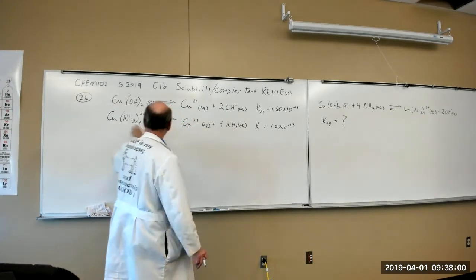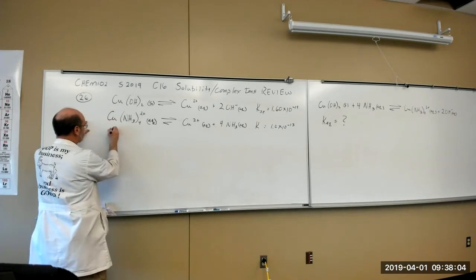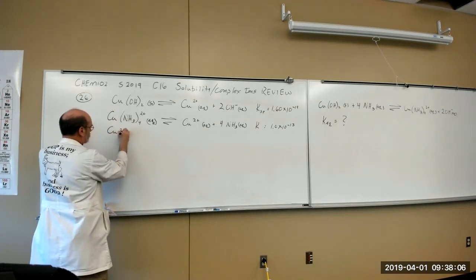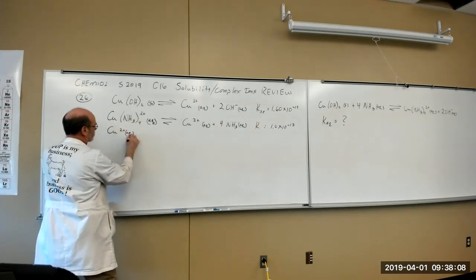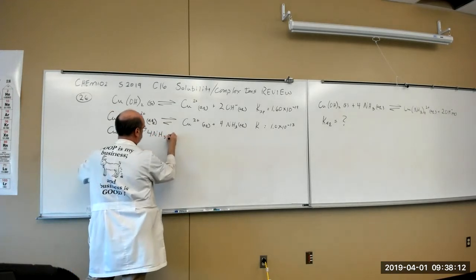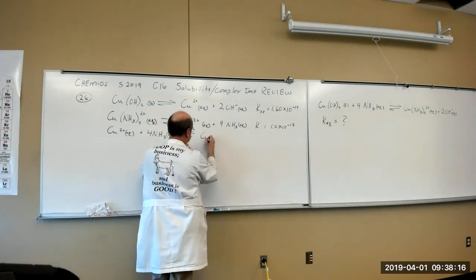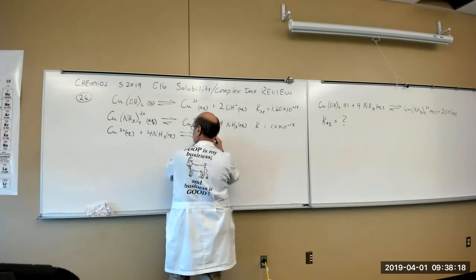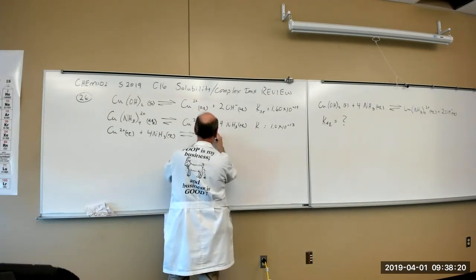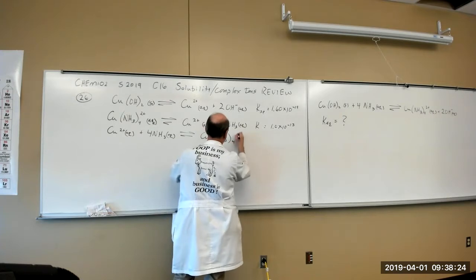This one needs to be flipped because this is a product. So what we need to do is rewrite this one to give us tetraamminecopper(II) on the correct side of the equation.